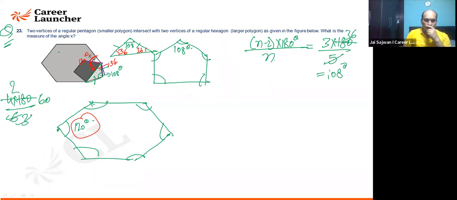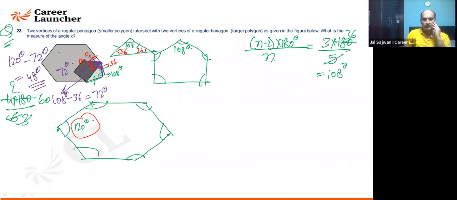This angle, I hope you understand, is 108 degrees. So this angle is 108, this is 36. That comes out to be 72 degrees. Out of the 120 degree angle, 72 degrees needs to be subtracted, and it comes out to be 48 degrees here. Yes, Shubham, now it is correct.